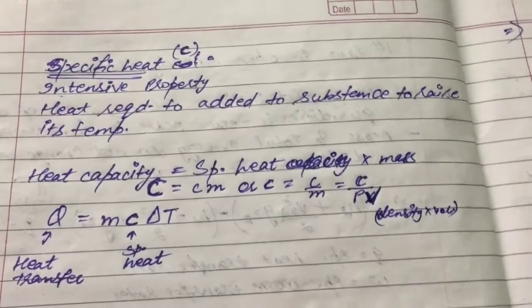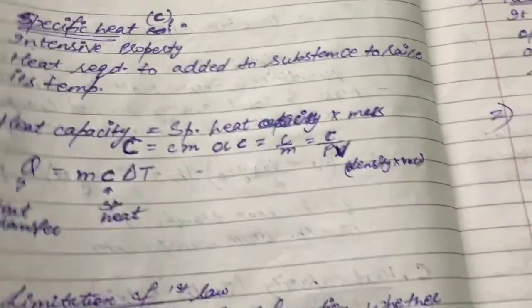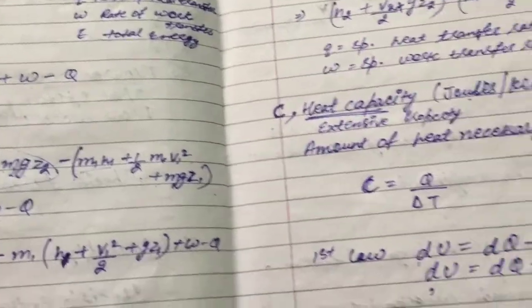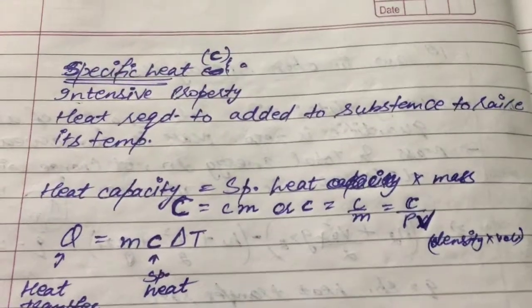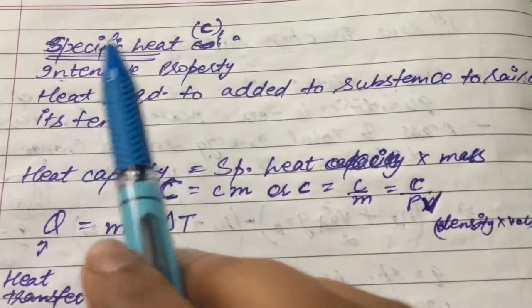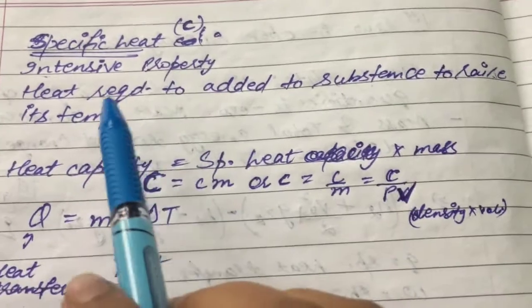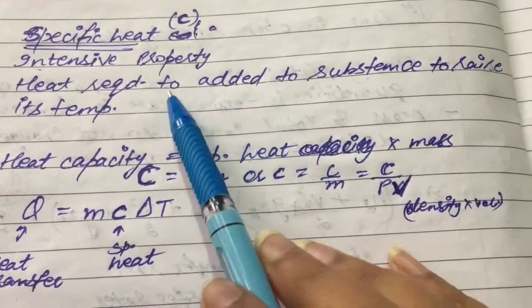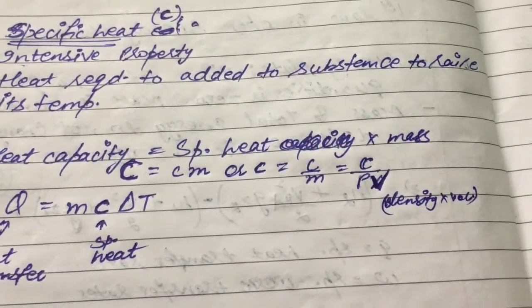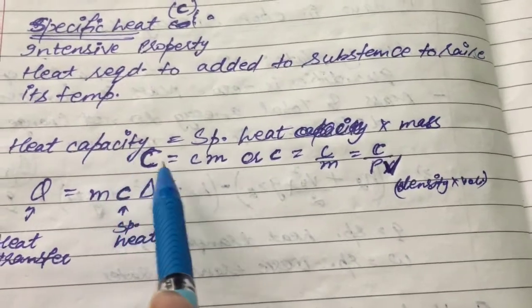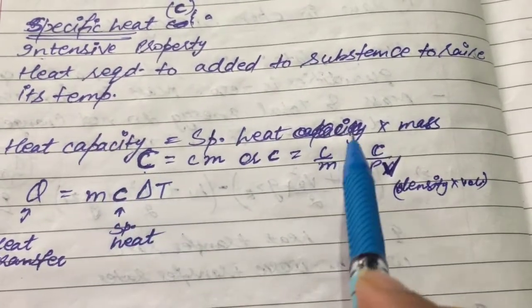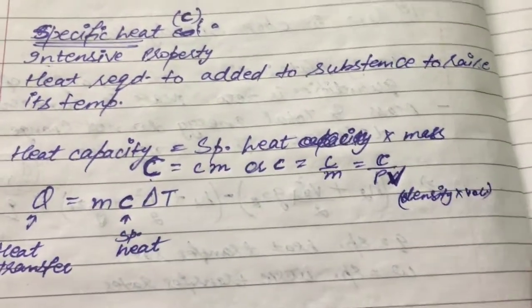Then we have specific heat, small c. Capital C is heat capacity and small c is specific heat, and it is an intensive property. It means the heat required to be added to a substance to raise its temperature. Heat capacity, which is capital C, is equal to specific heat into mass.